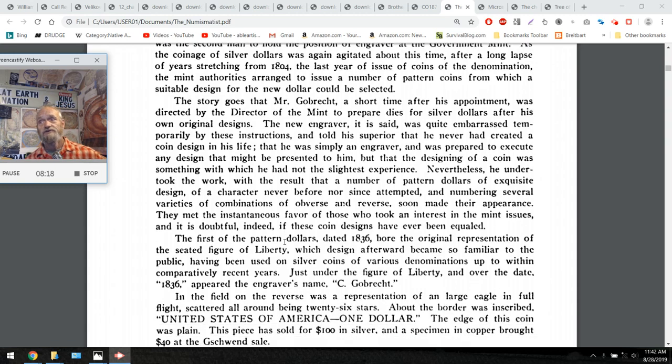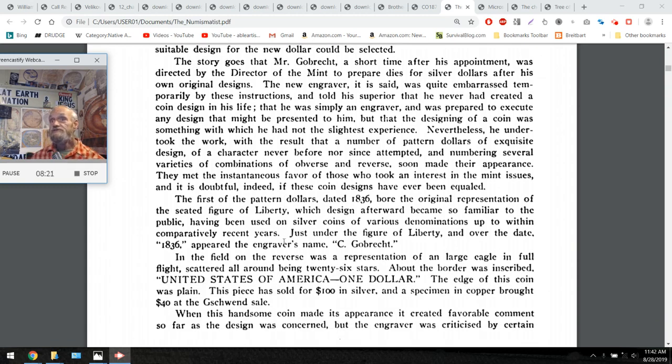Nevertheless, he undertook the work and it just worked out fine.